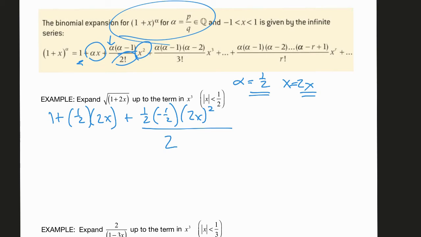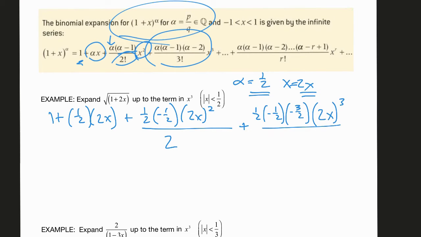I'm going to go ahead and just simplify that to be 2. Plus, okay, so I'm on the third term now. I've got alpha, which is 1/2, times alpha minus 1, which is negative 1/2, times alpha minus 2, which is negative 3/2, times x, which in our case is 2x cubed, all over 3 factorial.